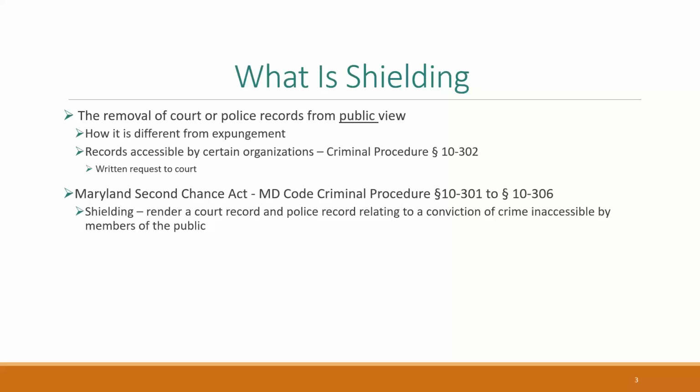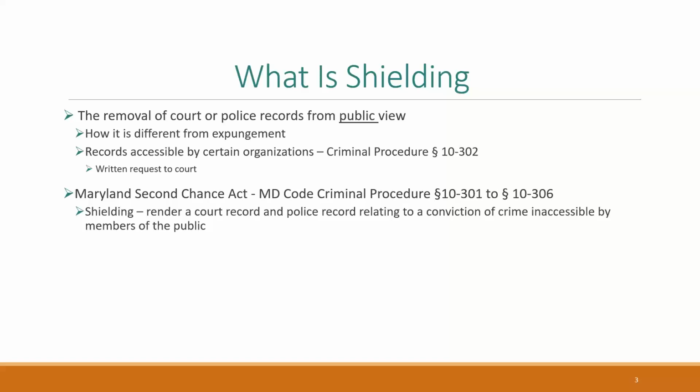So the case would still exist in the court system. The file would still be housed in the records department, but that case would not appear on Maryland Case Search. And if someone were to go request to look at the file, they would not be allowed to do so, except under certain circumstances, which we will explain.